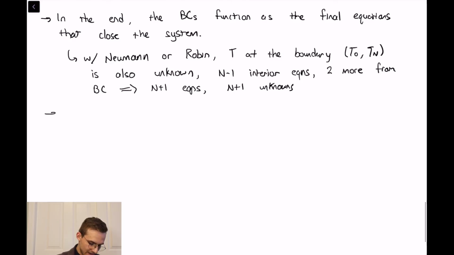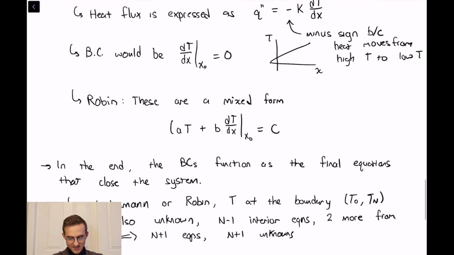At the left boundary, if we're looking at the Robin boundary condition, which has this aT plus b dT/dx, we need to discretize that dT/dx term, and we need to make sure that this equation holds at the boundary, meaning at T0, or T at x naught. We talked about this in one of our homeworks. You're going to have to use a finite difference scheme that is only forward looking.